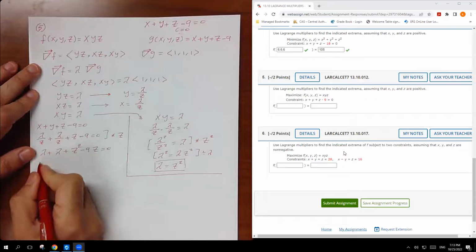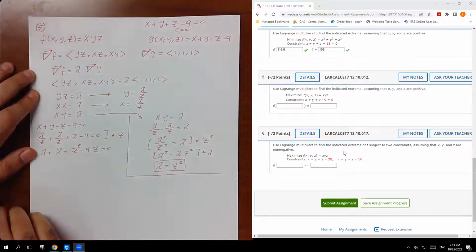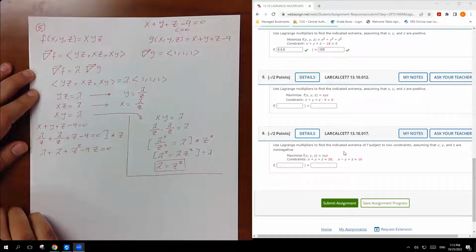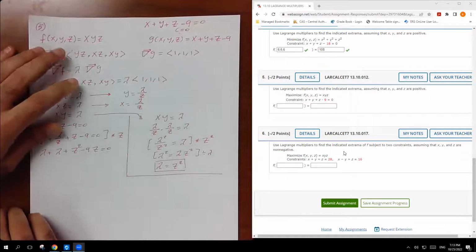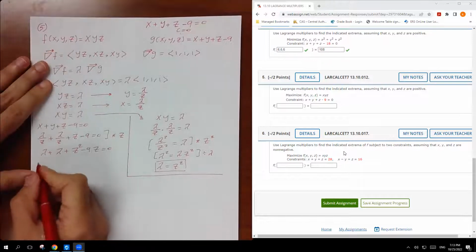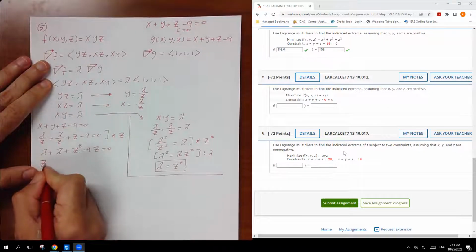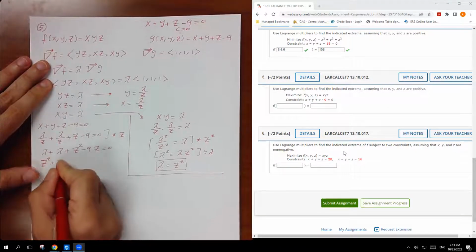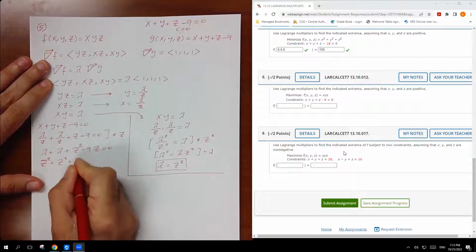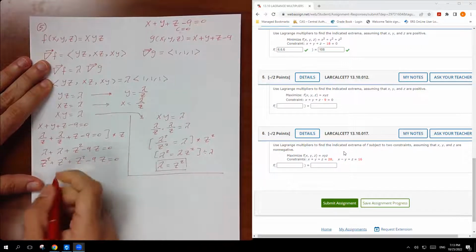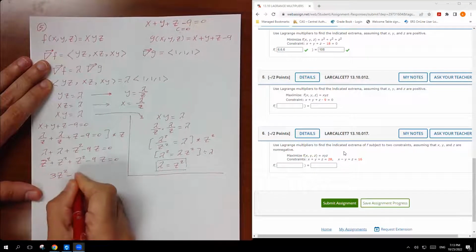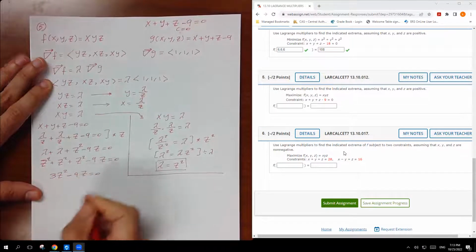It's going to be Z squared plus Z squared plus Z squared minus 9Z equal to 0. That means 3Z squared minus 9Z equals 0.